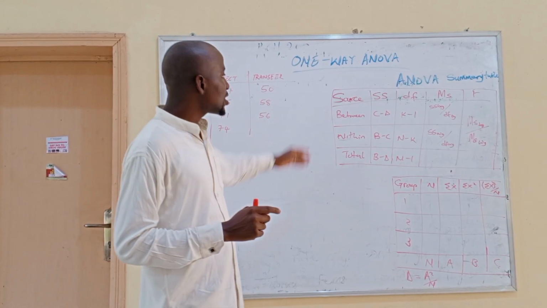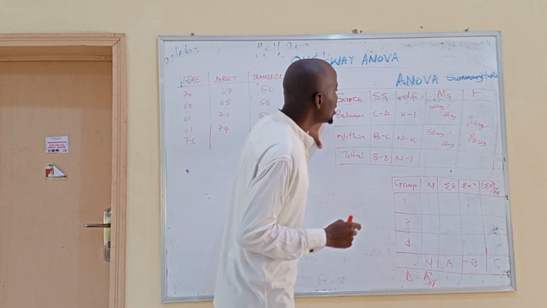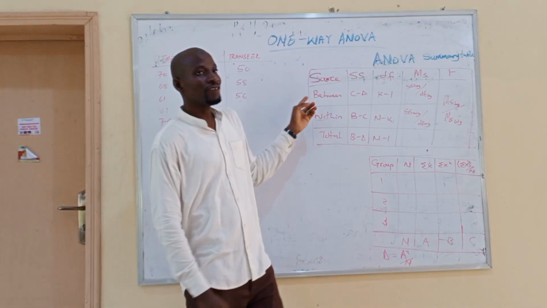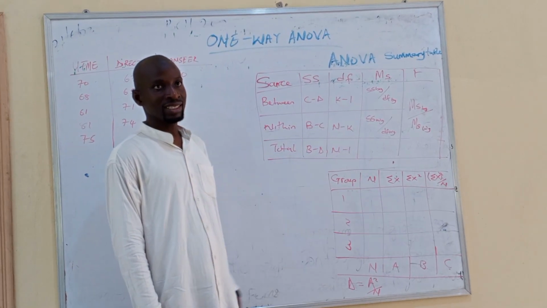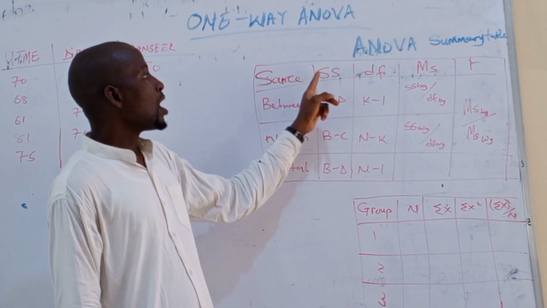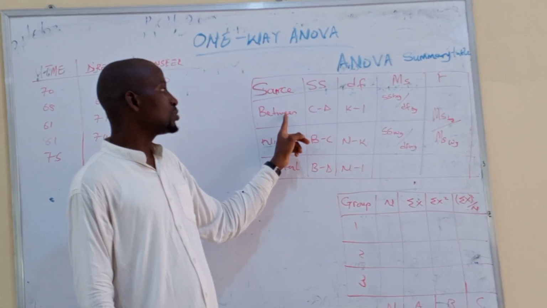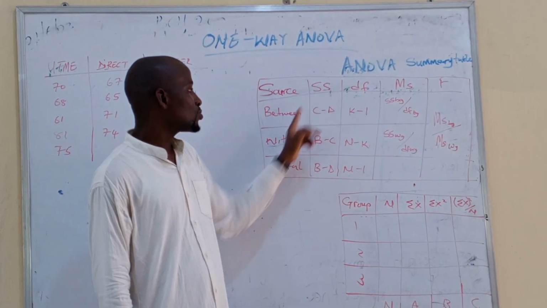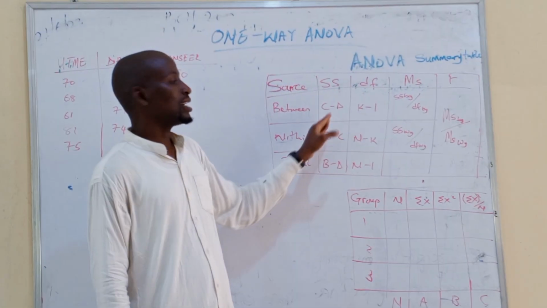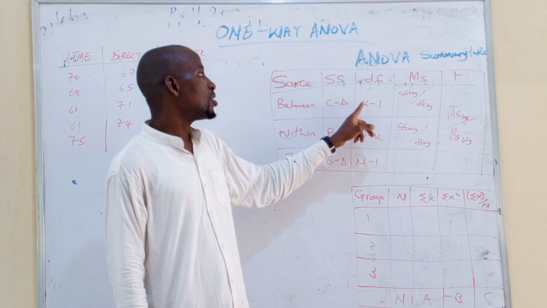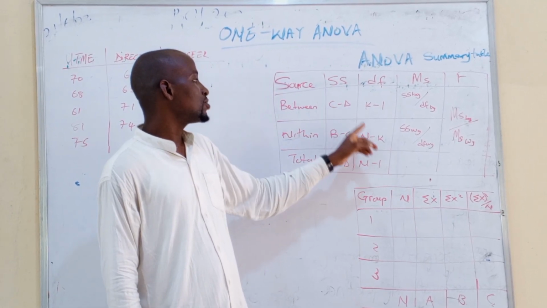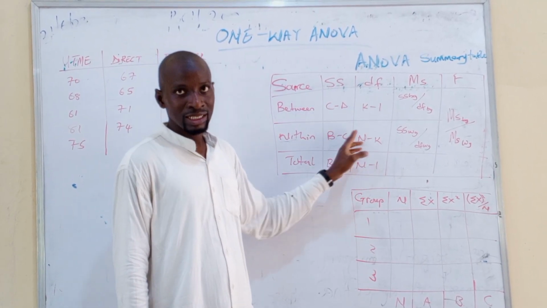Our Anova summary table that we have here is telling us that we need to find the value of between group and within group differences. For our sum of square between group and our sum of square within group, there is a formula that we have here. For our degree of freedom within group and our degree of freedom between group, there is a formula also.